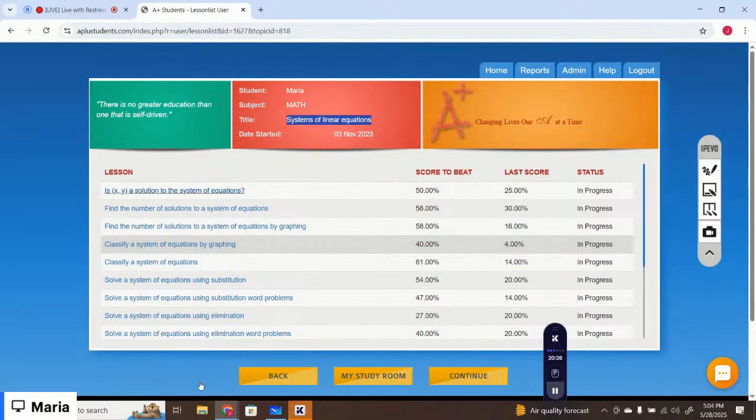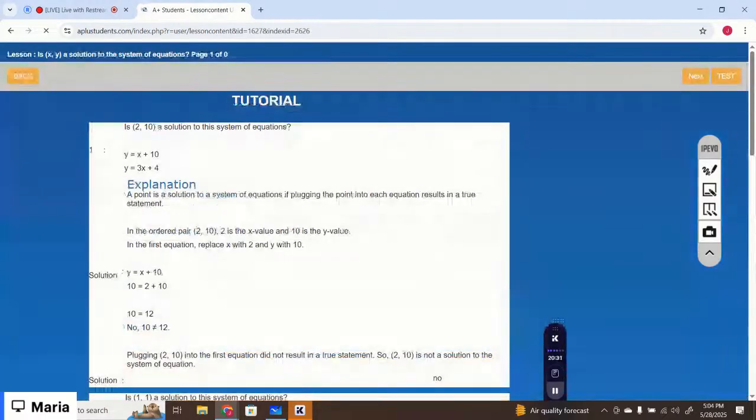Let's just start with the first lesson, that is, is x, y a solution to the system of equations? So let's just start with the lesson.